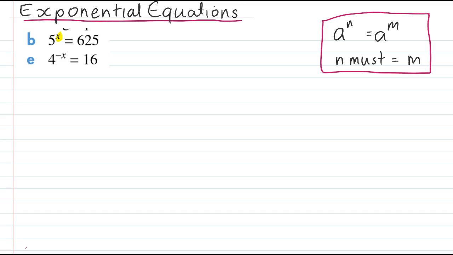So a to the 2 equals a to the m, we can say that m equals 2 because it's the only way it can stay equal. With that in mind, we've got to work out what x is in question B.